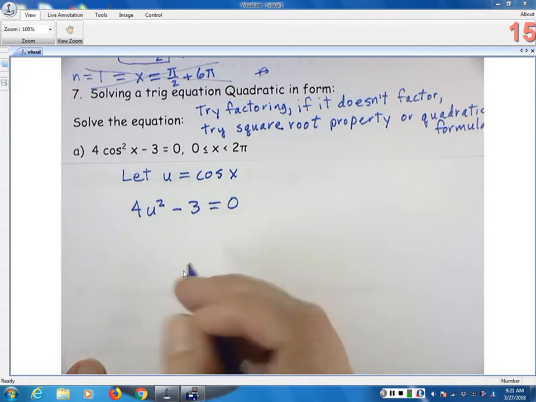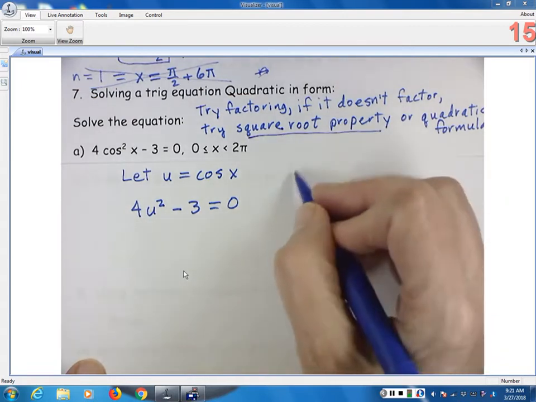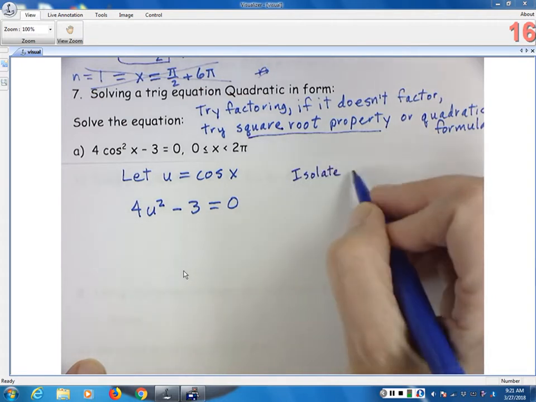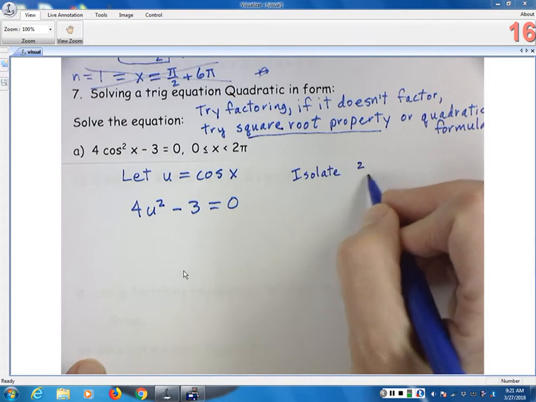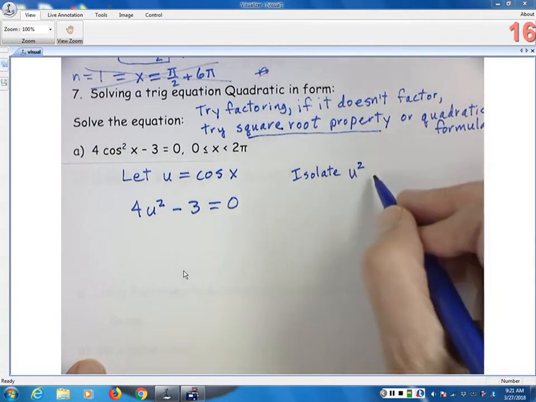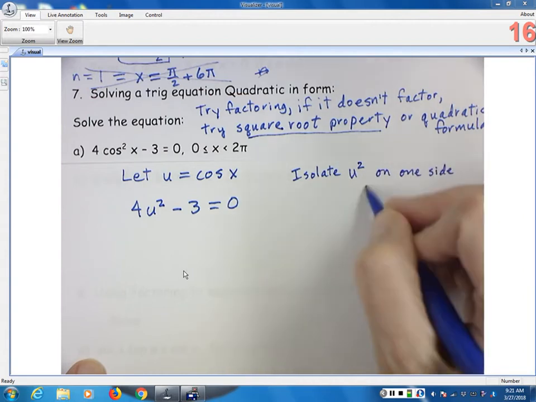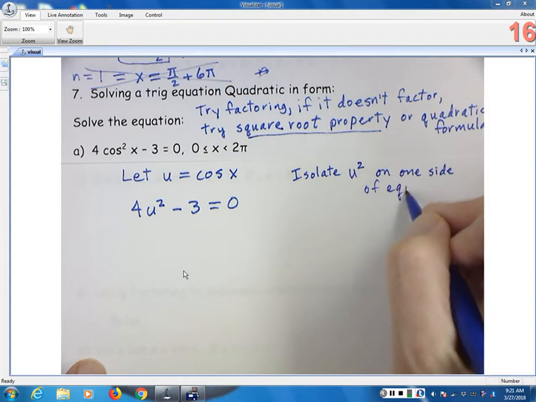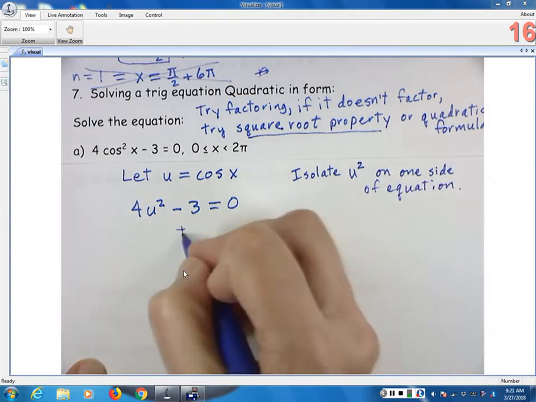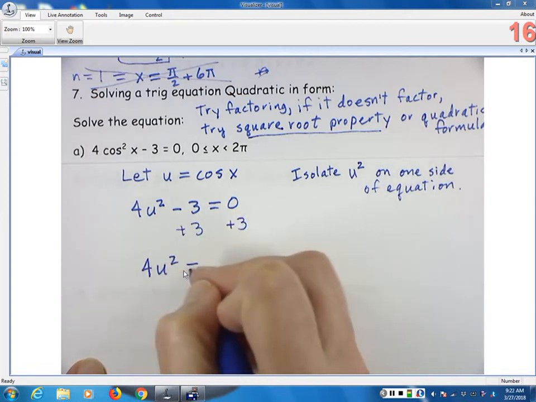To use the square root property, you isolate the squared term, u squared, on one side of the equation. So you're going to add the 3. You get 4u squared equals 3.